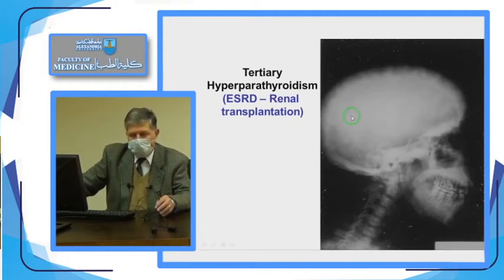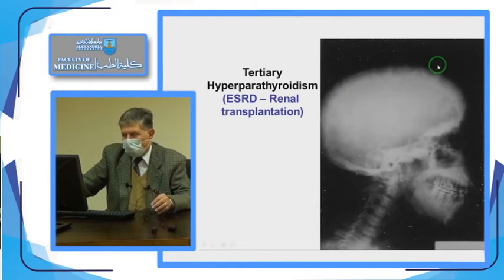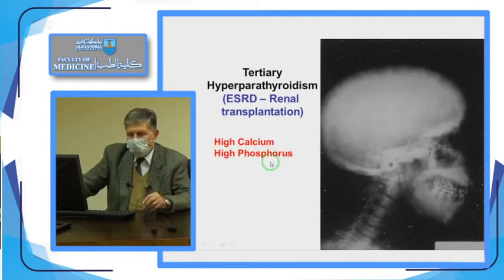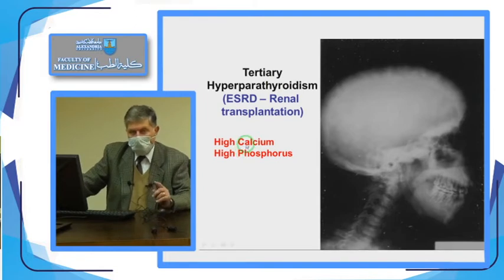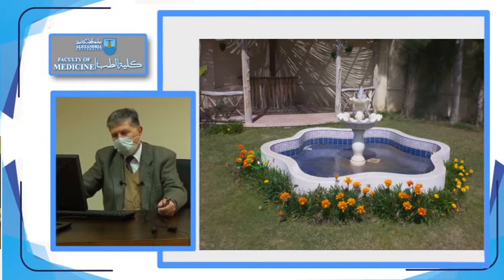This will raise the serum calcium. And like this patient, they have got a specific appearance of the skull, so fluffy, the skull, you don't see the outer or inner table. And in the tertiary, of course, the phosphorus is high because of renal failure, the PTH is high, and the calcium is high. So remember, high calcium, high PTH, high phosphorus, this is tertiary hyperpara.